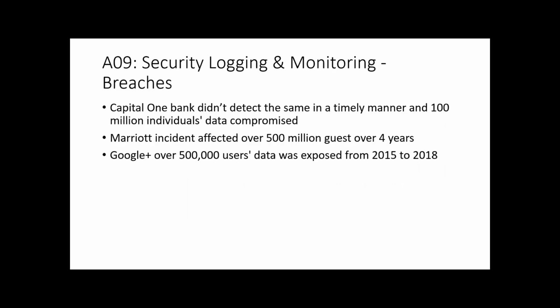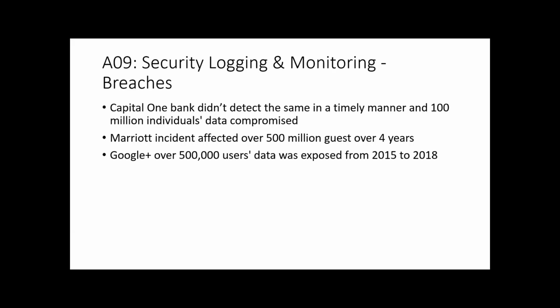There are two or three breaches which are very popular. One is Capital One, which we have already discussed a couple of slides back, where 100 million accounts were compromised, and Capital One didn't know this in a timely manner. Otherwise, they could have stopped this specific breach. Similarly, in the Marriott incident, they didn't know for 4 years that their account information was being breached and shared with the hackers.